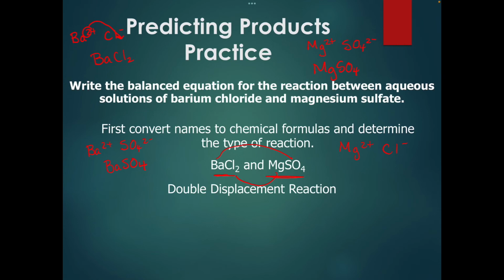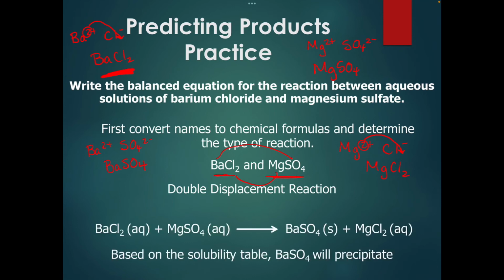That 2 got there because we circled and switched because barium was a 2+. When we recircle and switch, we have to figure out what that subscript would be, so we don't take it with us. So we just have magnesium and chlorine. These charges are not equal and opposite, so we circle and switch, and we'll get MgCl2. So barium chloride plus magnesium sulfate gives us barium sulfate and magnesium chloride.